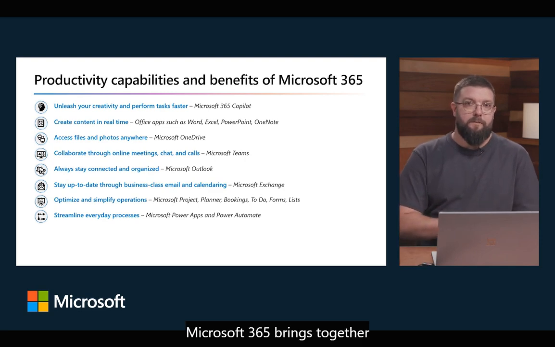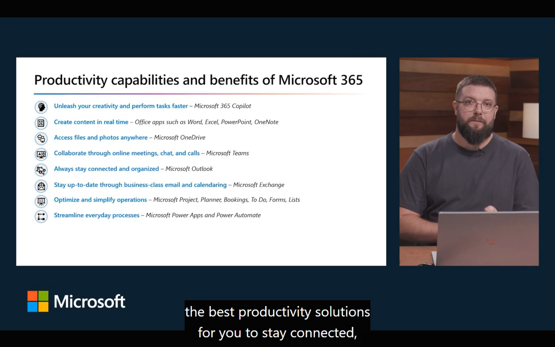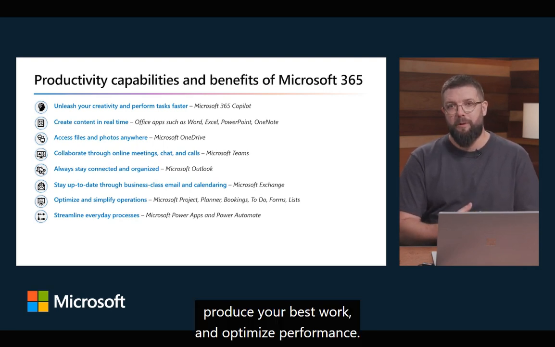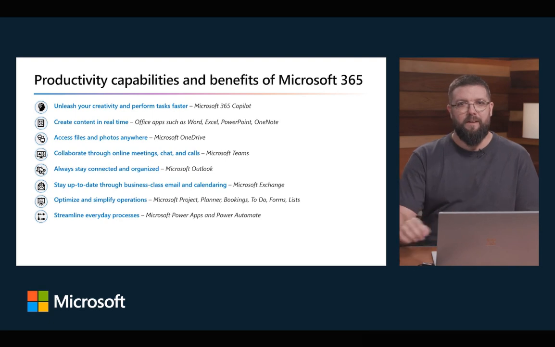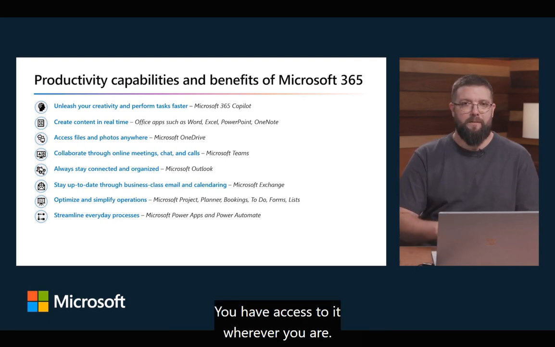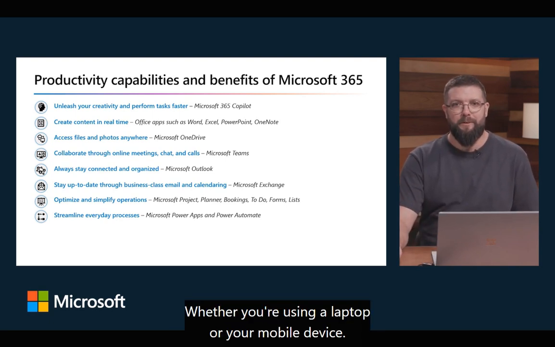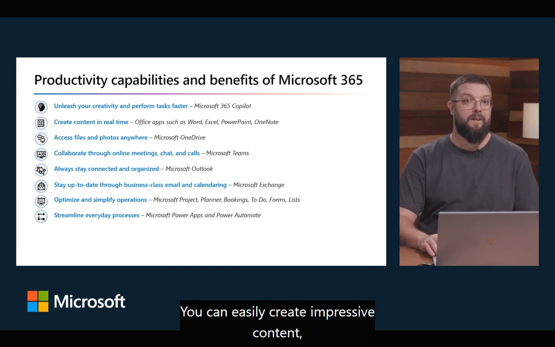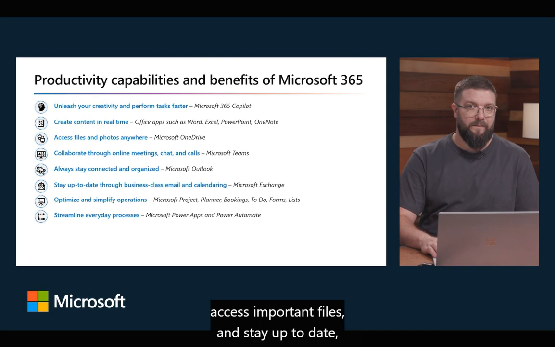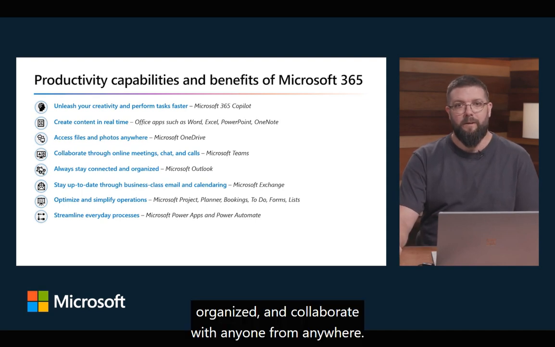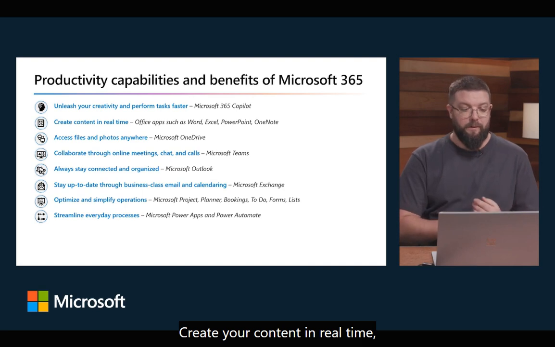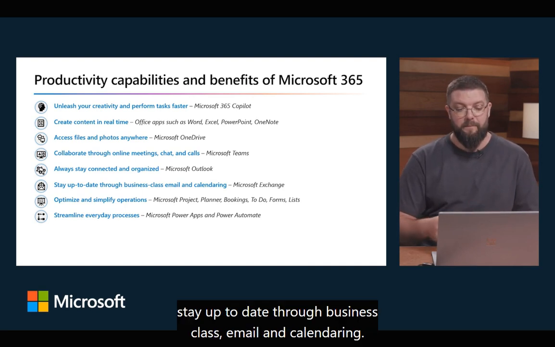Microsoft 365 brings together the best productivity solutions for you to stay connected, produce your best work, and optimize performance. And this doesn't matter where you are, right? You have access to it wherever you are. Whether you're using a laptop or your mobile device, you can easily create impressive content, access important files, and stay up to date, organized, and collaborate with anyone from anywhere. So create your content in real time, stay up to date through business class email and calendaring.